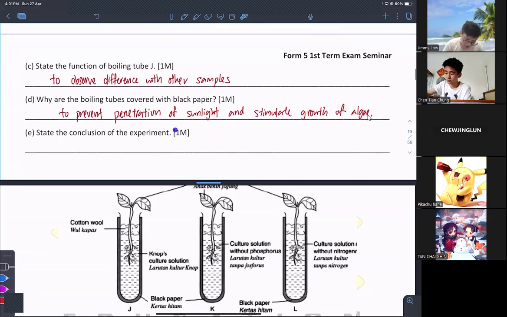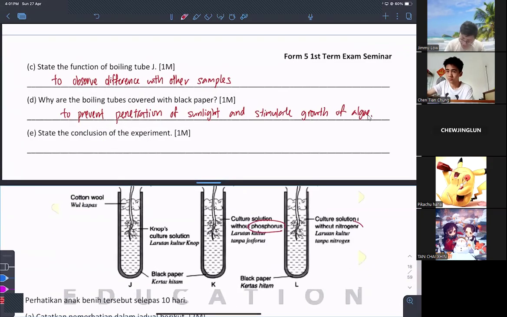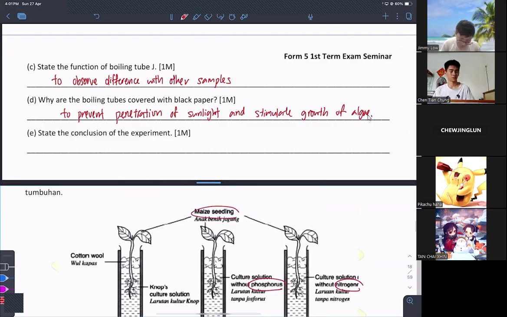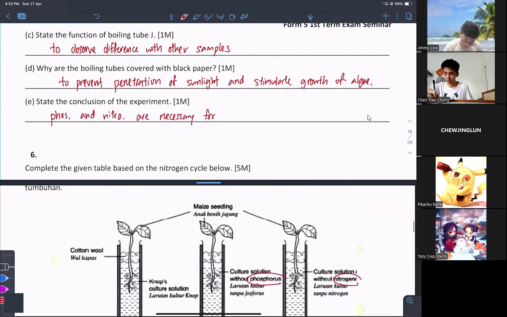Okay, state the conclusion of the experiment. So the conclusion is what? Phosphorus and nitrogen is necessary for the growth of maize seedling. Okay, so phosphorus and nitrogen are necessary for growth of maize seedling.